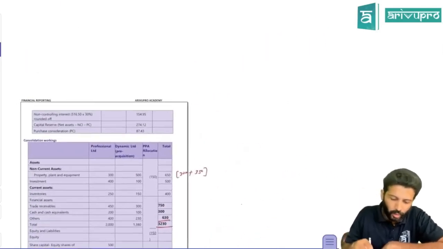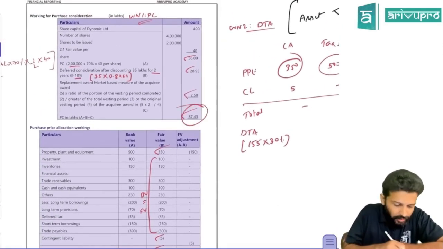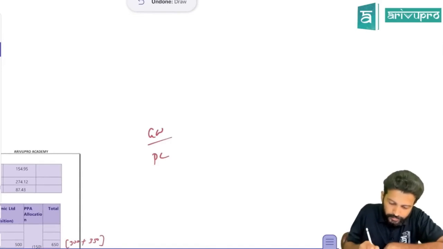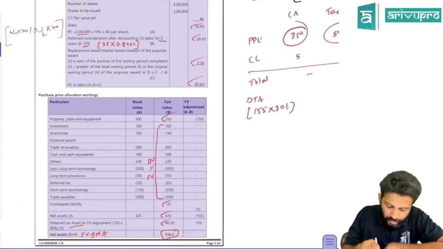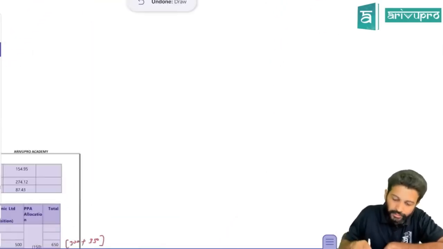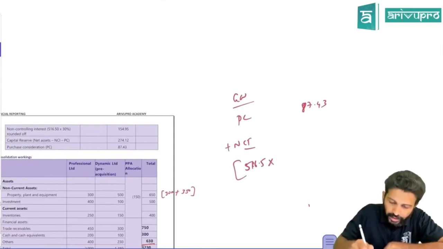Let's calculate goodwill here. How do you calculate goodwill or bargain purchase gain, sir? Simple. First, you will take PC. PC, we already got it. How much is PC? 87.43. That is your PC. To this, you add NCI. How much are the net assets we got? Net assets are 516.5. So parent, I think, owns 70%.